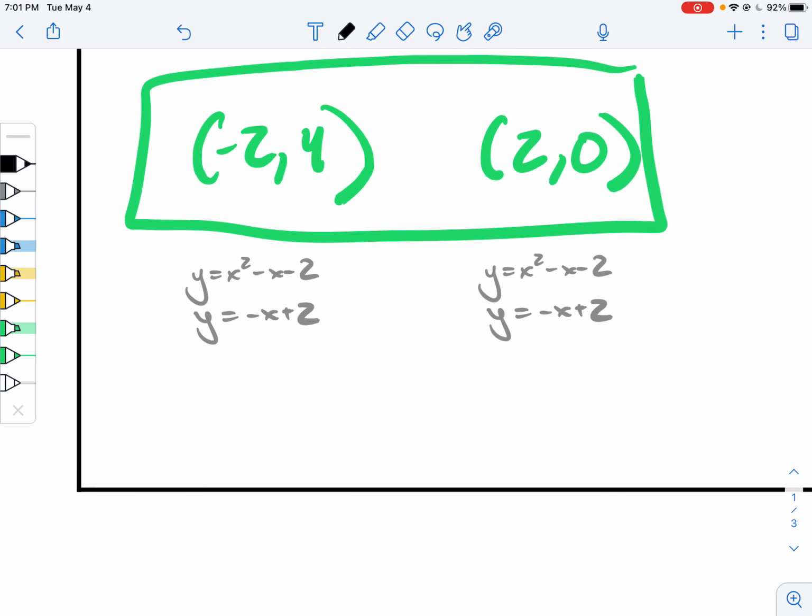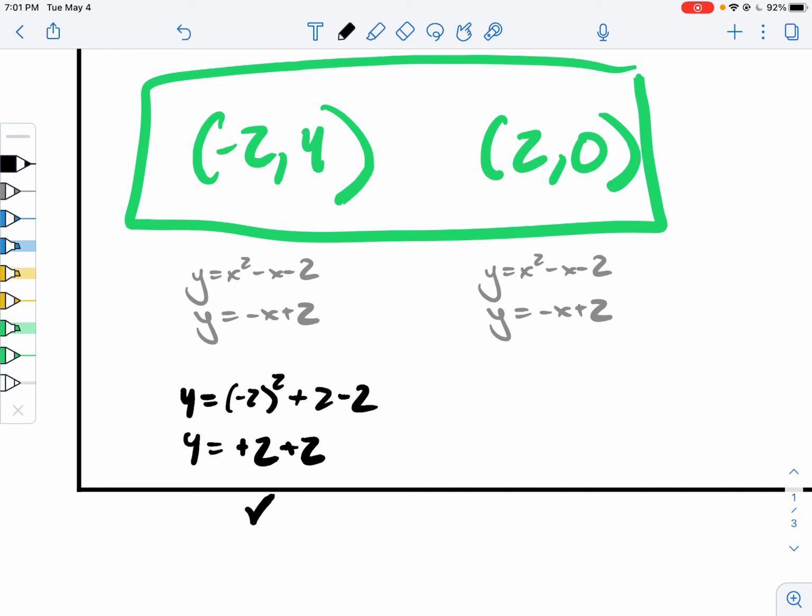So say, is it true that 4 equals negative 2 squared minus negative 2 minus 2? Yes, it is. And is it true that 4 equals negative 2 plus 2? Hey, look, also true. Cool.